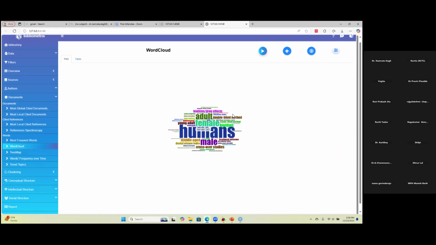Here we can generate a word cloud. This shows the most frequently used keywords, so it is different from co-occurrence analysis of keywords. We can do a little bit of editing.